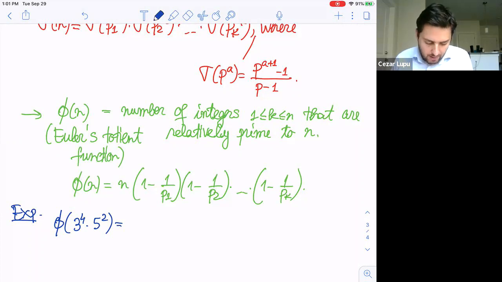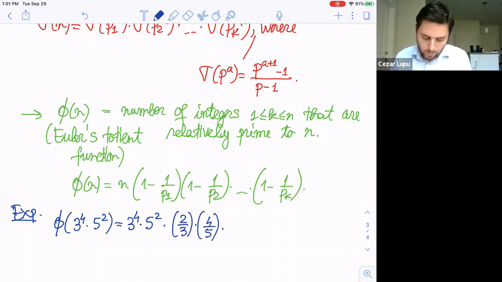So it will be 3 to the 4th times 5 squared, times (1 minus 1/3), so 2/3, times 4/5. Okay.